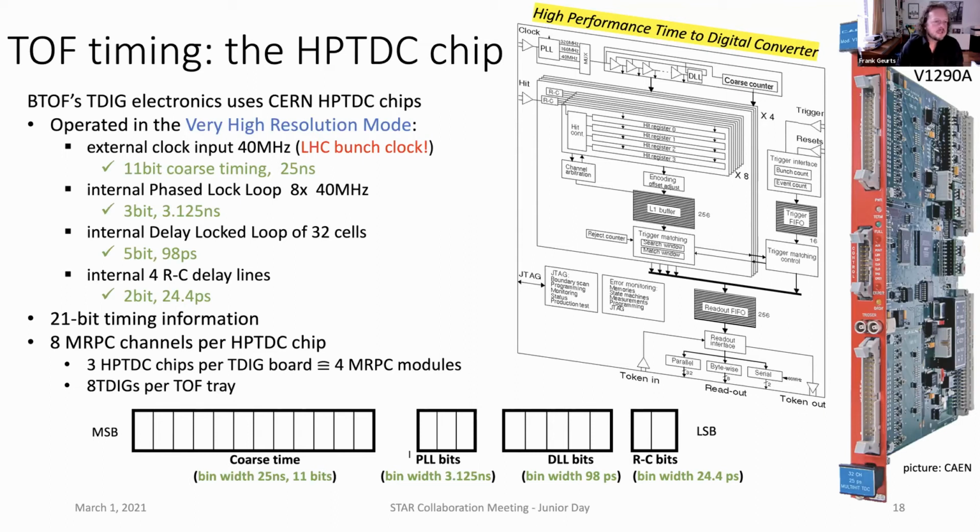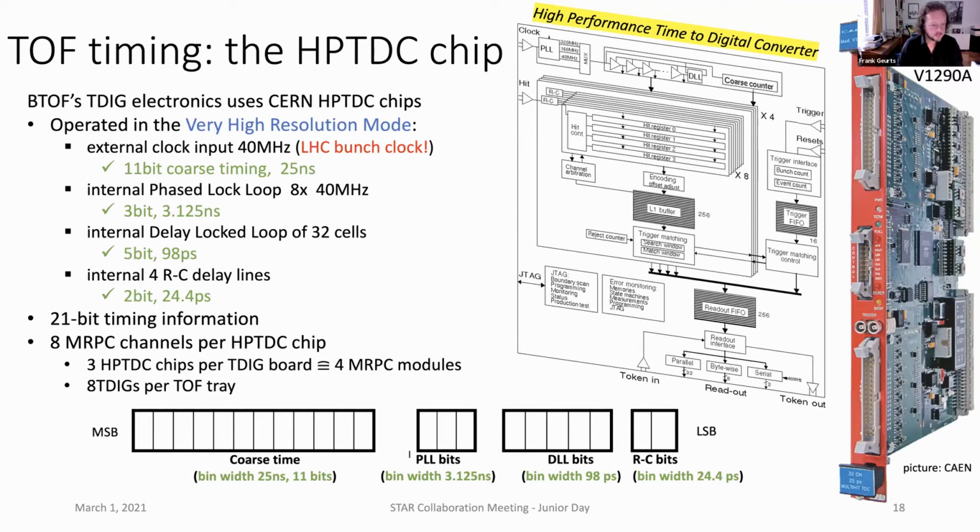We operate the HPTDC chip in this so-called very high resolution mode, where we provide an external clock that is 40 megahertz. Now, for those of you that are somewhat familiar with the LHC, that sounds familiar because that indeed is the LHC bunch clock. I know people at STAR sometimes were wondering how did we come up with 40 megahertz?